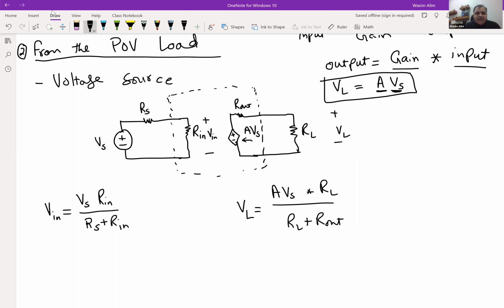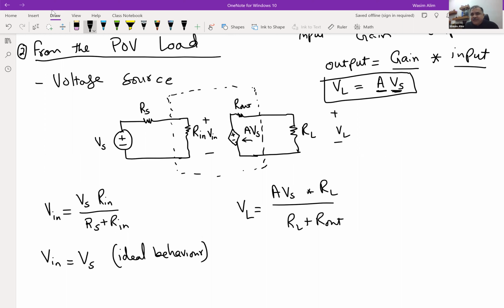Now, ideally, what we want is this input voltage to be equal to Vs, right? So that's our ideal behavior. Again, I'll just mention ideal behavior here.